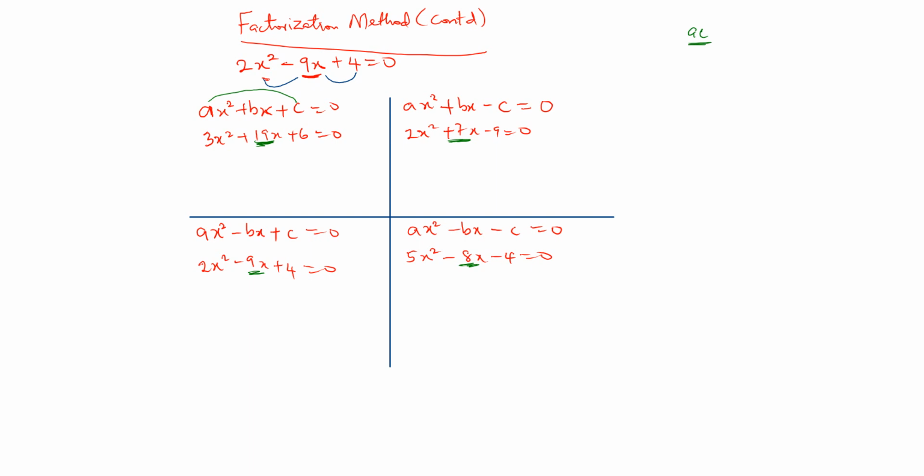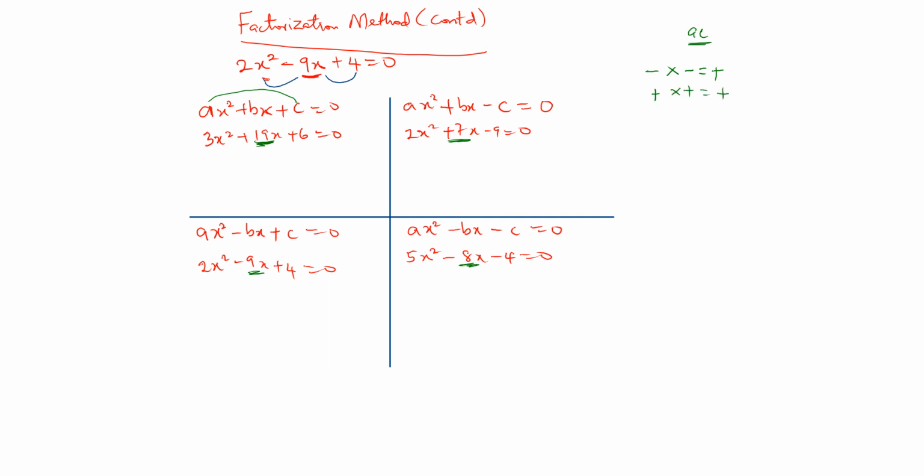Now, the signs of the two numbers are also very important, and that's why you need to take the students back to sign multiplication. The major signs that we have are addition and subtraction. So don't forget to remind them of sign multiplication. Minus times minus gives us plus. Plus times plus will also give us plus.